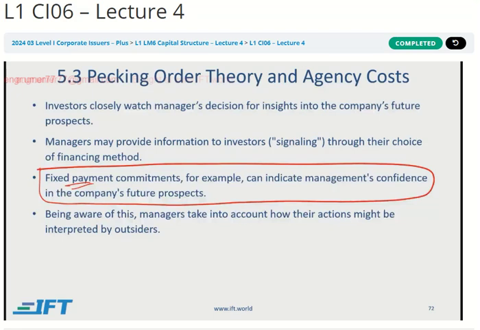Otherwise, why would they increase the financial risk? And managers know this, right? Managers know that the shareholders are monitoring this. So they don't want to take on more equity unless they really have to.